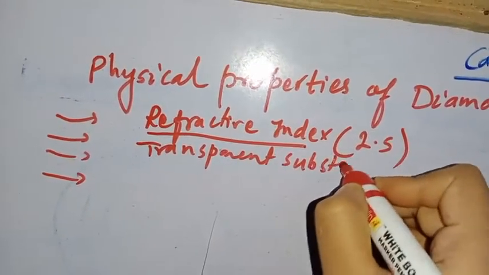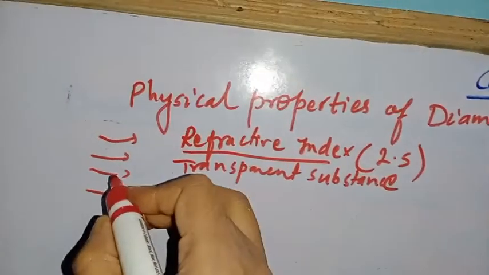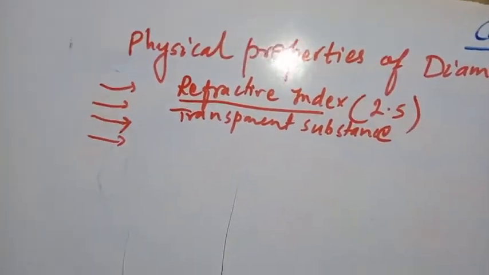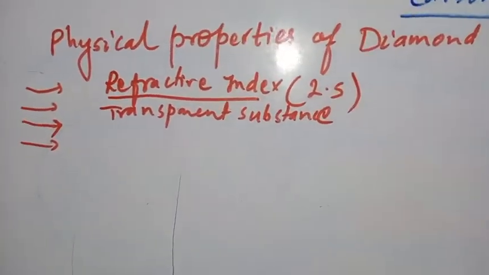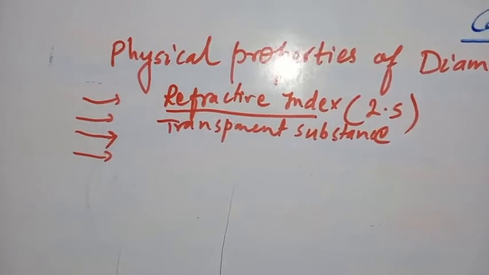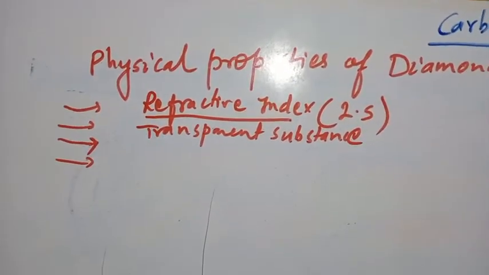It is a transparent substance, and it is also the hardest substance. It is famous for its hardness. Why?